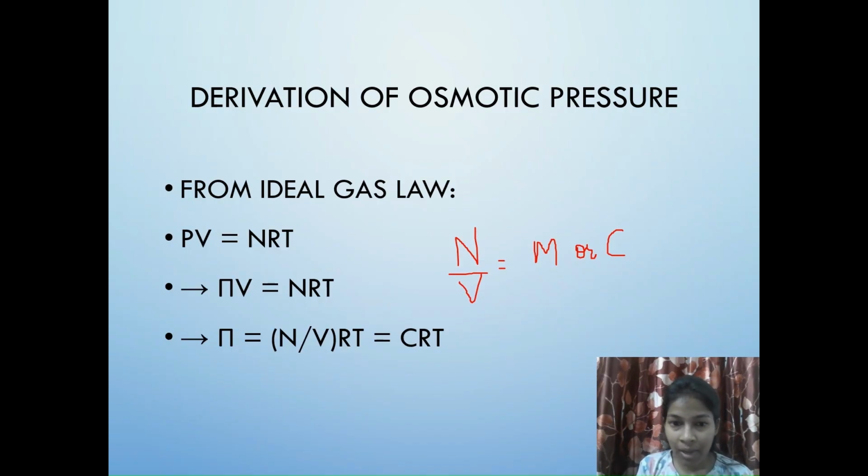We can denote it by C. So it becomes pi equals CRT, and this becomes your osmotic pressure.